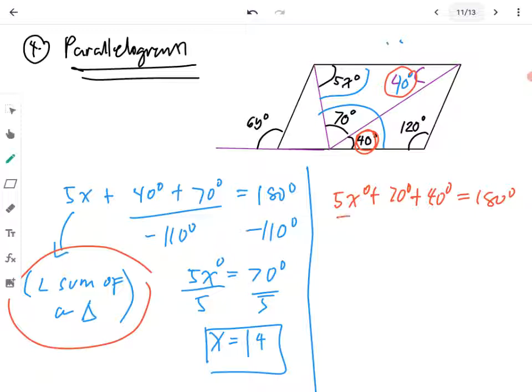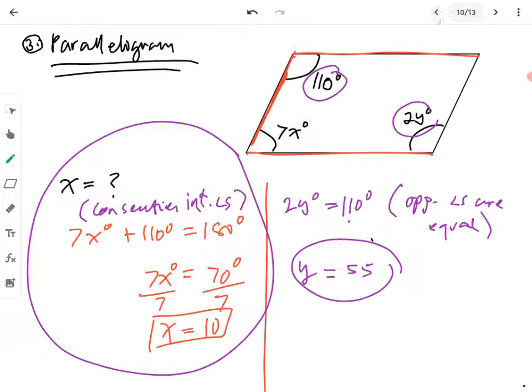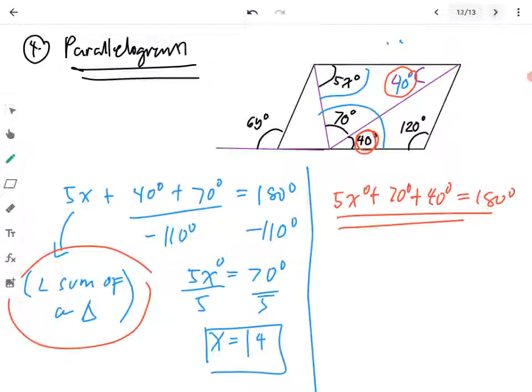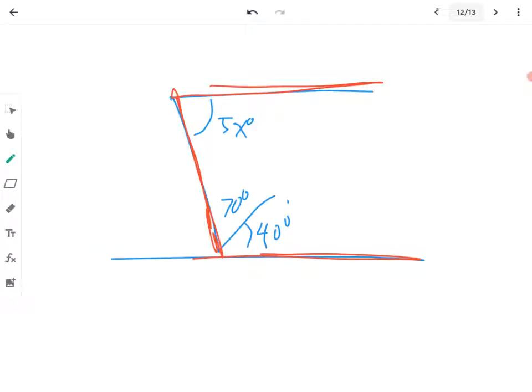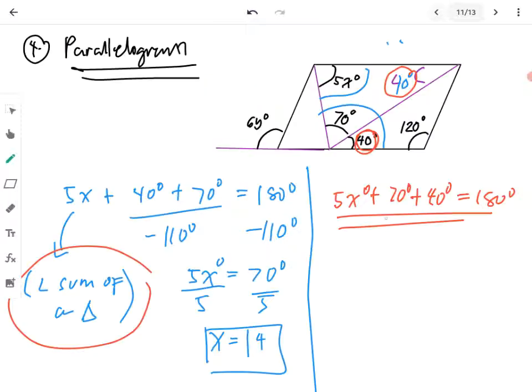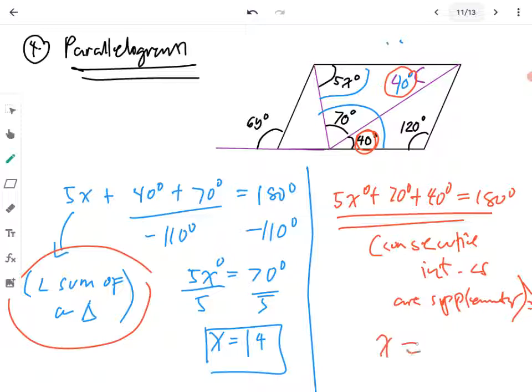But here we use this concept: consecutive interior angles are supplementary. Since they are the same equation, it will lead us to x equals 14.